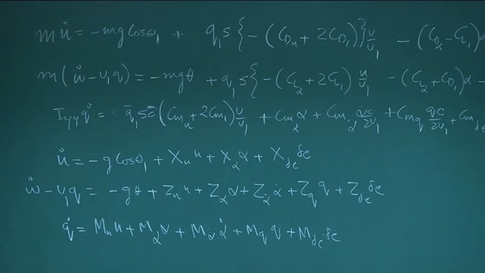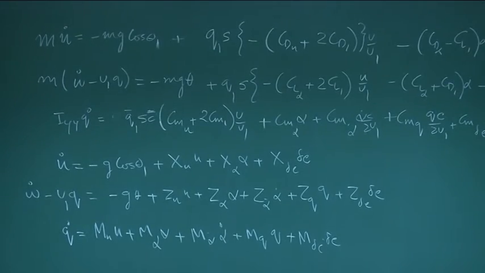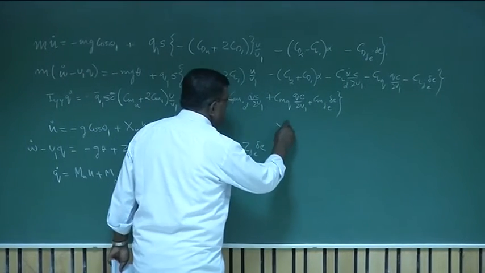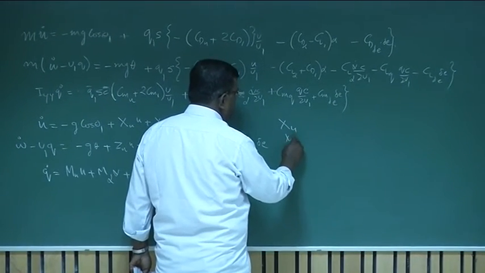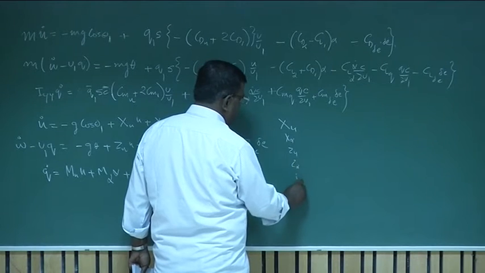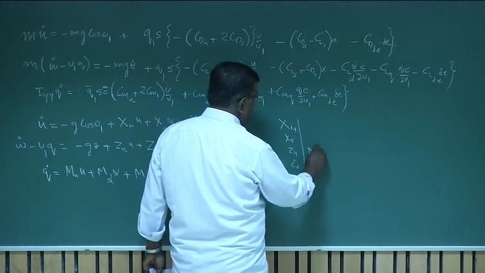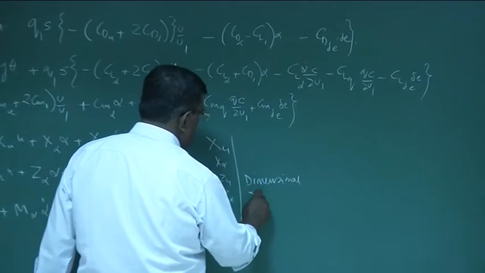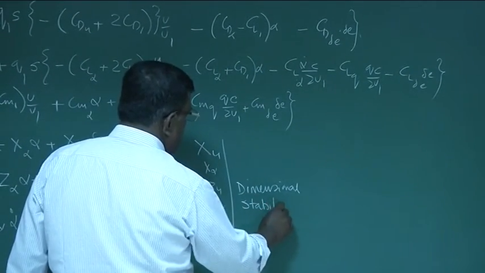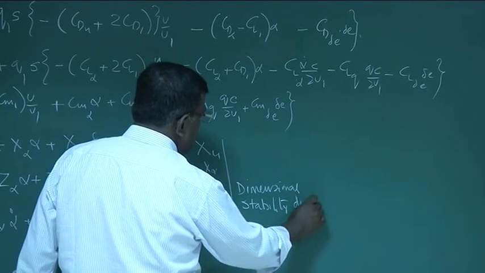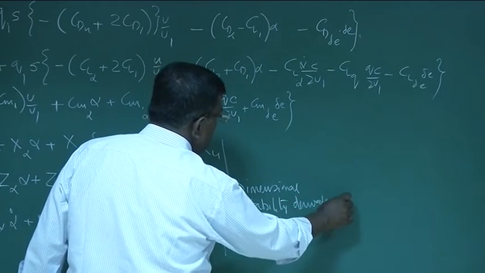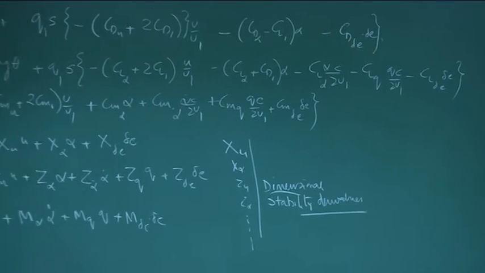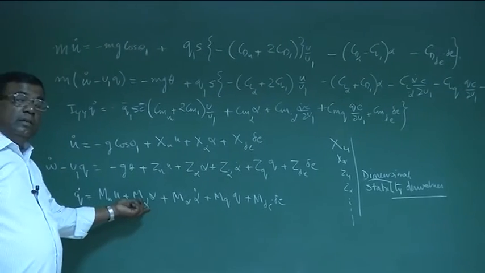Now the question comes, what to do next, right? Before we go for the next step, we realize that all these Xu, X alpha, Zu, Z alpha, etc. are dimensional stability derivatives. This is important. For example, if I take M alpha, the corresponding non-dimensional derivative is Cm alpha.